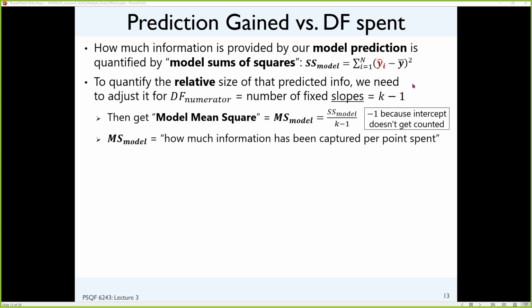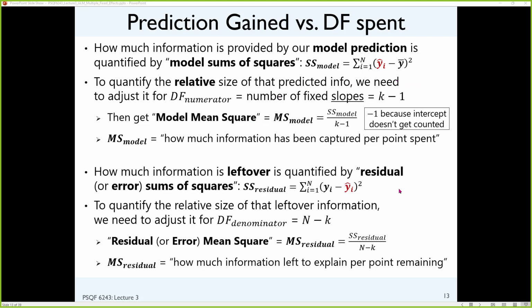Okay. Then the rest of it, how much is left? Our model's not going to be perfect, we know that. How far off are we? So we first need to figure out the deviation between what y actually was for each person, which is the y sub i here, minus y hat.